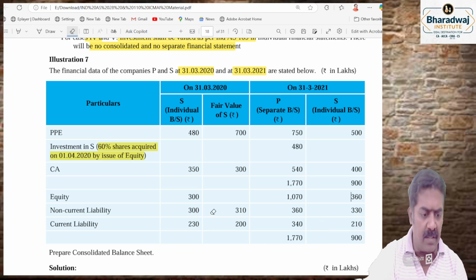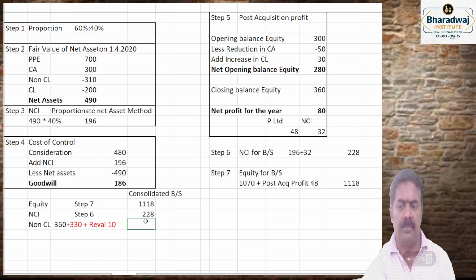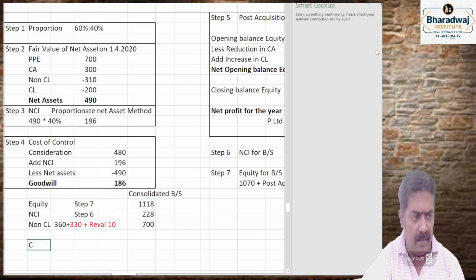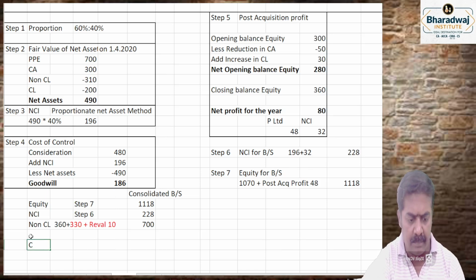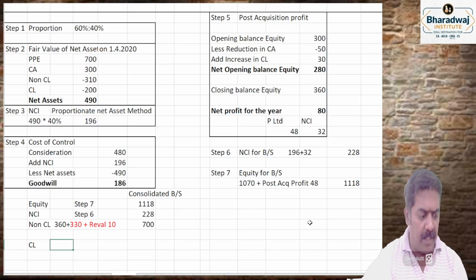Opening balance is 300 to 310, revaluation 10. So how much will it come? Current liability, 340 plus 210.